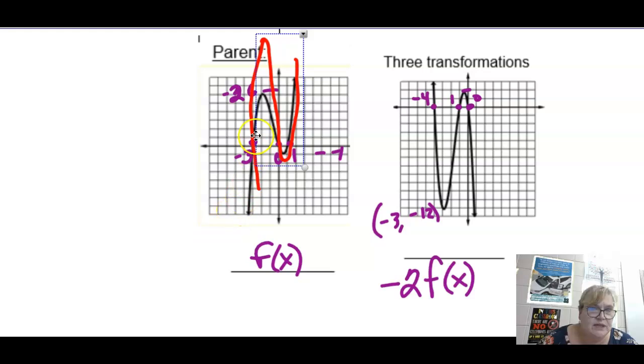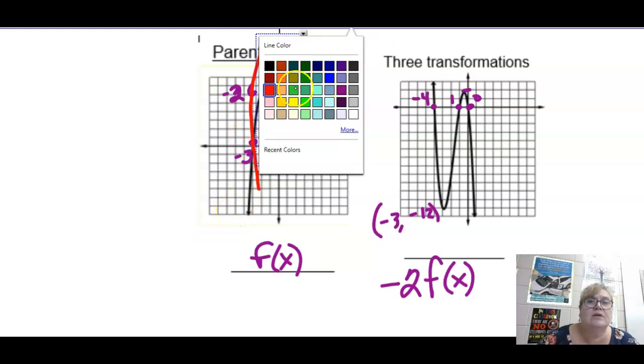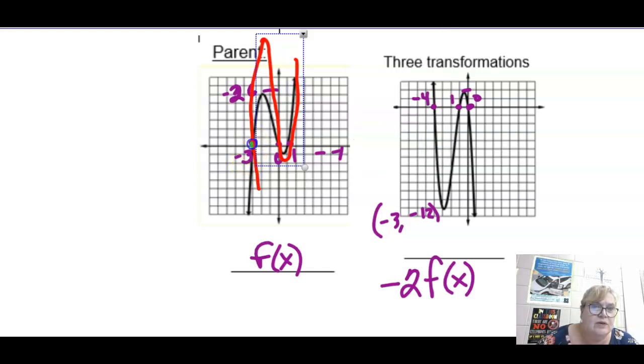And we need to flip it upside down, so I'm going to do that in a new color. It now would go down here and up here to 2. Okay. And it would go all the way down to like -12. Remember, they changed the scale over here.